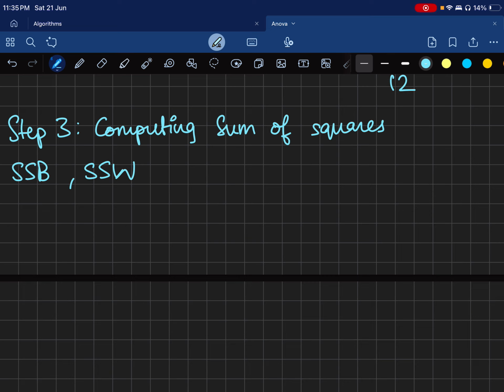SSB means, so I'll write the full form individually. SSB means between group sum of squares.